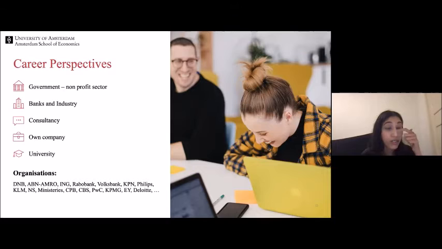The study associations also organize career events, giving students a wide opportunity to interact with prospective employers. Furthermore, we also invite companies, and we involve them actively in providing guest lectures in some of the courses. With the skills that you acquire during your bachelor's program here, we hope that you become a valuable asset for any large company or governmental institution.